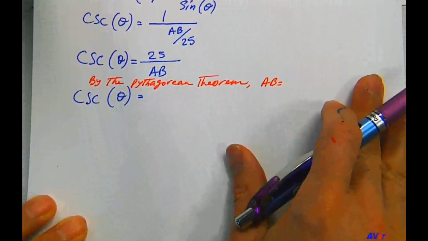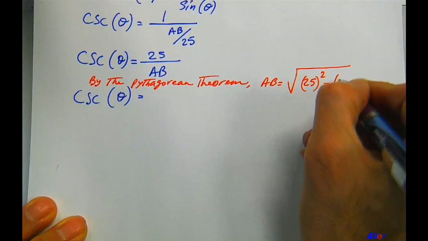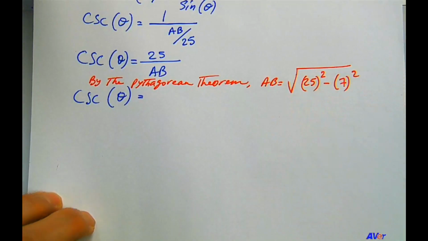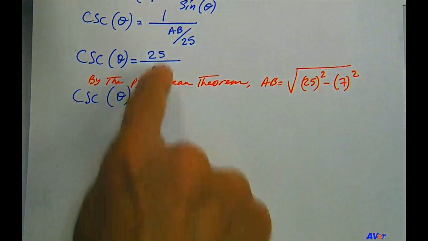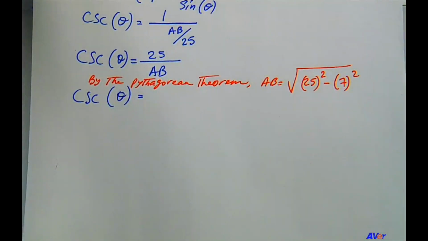So let's write that down. Square root of 25 squared minus 7 squared. Right, so I'm going to use this to substitute for AB in the above equation.